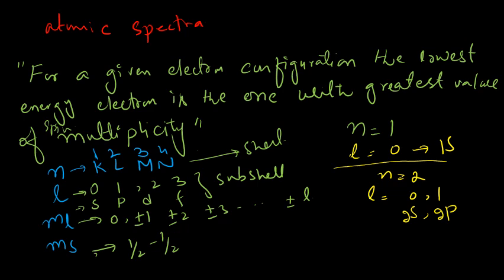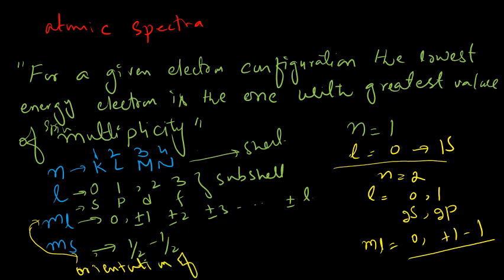For l equals 0, the value of ml can be 0. So ml basically represents the orientation of the orbital angular momentum states.